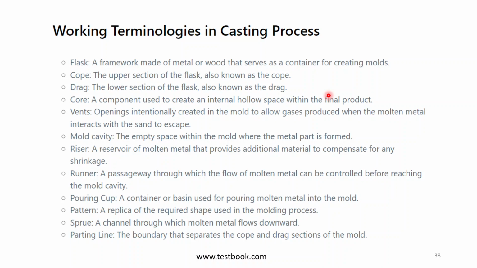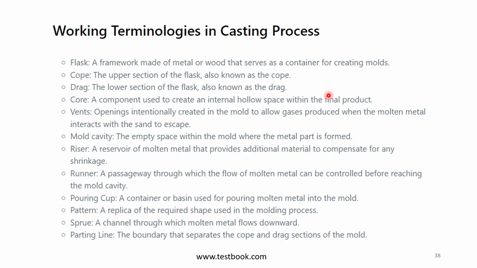Mold cavity is the empty space within the mold where the metal part is formed. Riser is the reservoir of molten metal which provides additional material to compensate for any shrinkage. Runner is a passageway through which the flow of molten metal can be controlled before reaching the mold cavity.